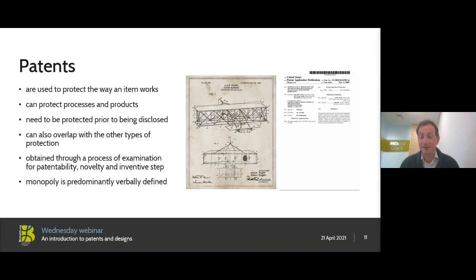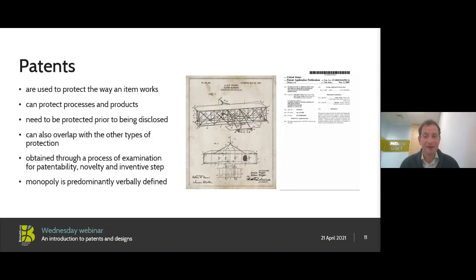So there are certain things that aren't patentable, and then the rest, they have to be new relative to all of the things that have gone before. What we call the prior art, everything that's been publicly disclosed, and the bit that's new has to be inventive. It has to involve an inventive step over what's gone before. It has to be not obvious in the light of prior public disclosures.